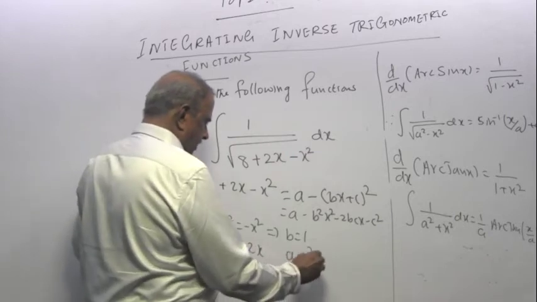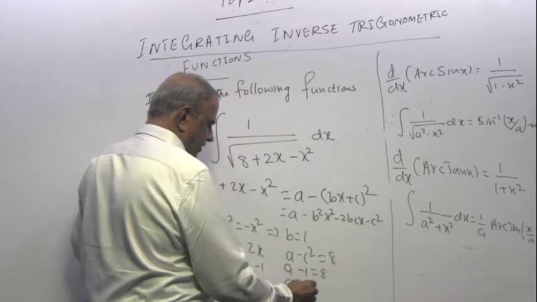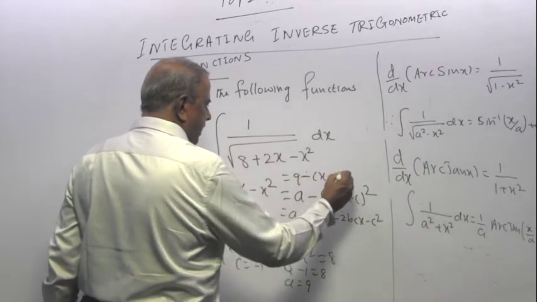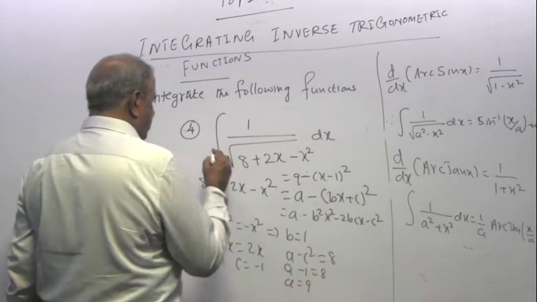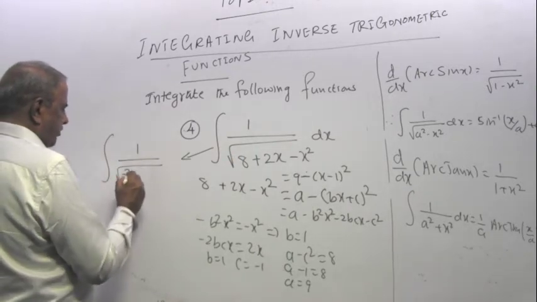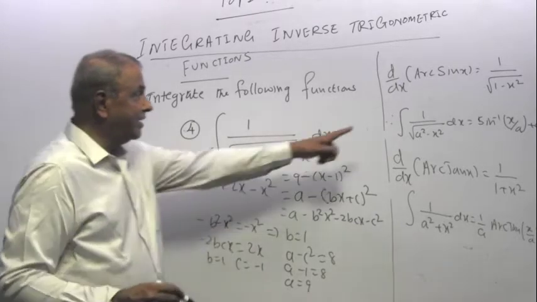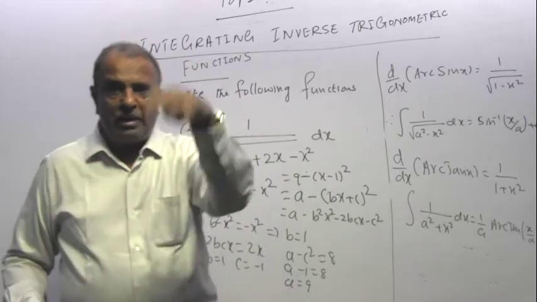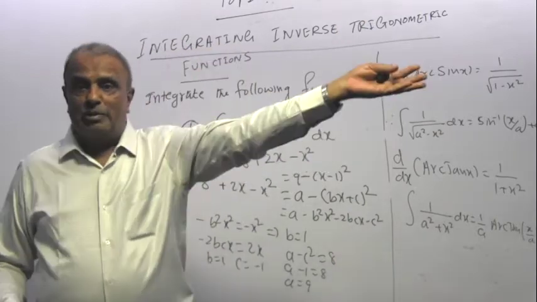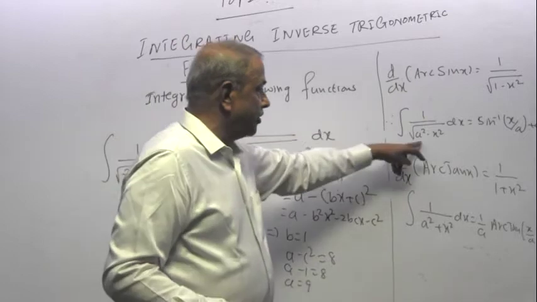Then a minus c squared is 8. A minus 1 is 8. So a is 9. So this becomes 9 minus x minus 1 the square. So the integral will be 1 over square root 3 squared minus x minus 1 the square dx. Now you see, in other words, if you have a quadratic in the denominator with no derivative of it in the numerator, you can straight away complete the squares and then use the formula.